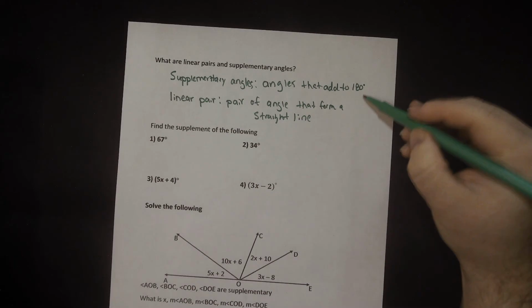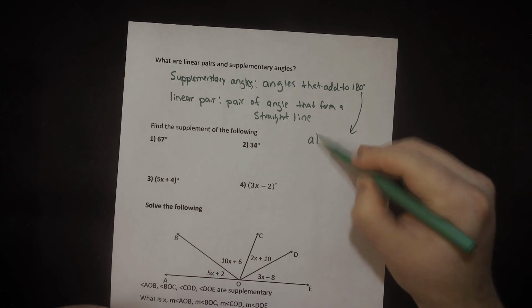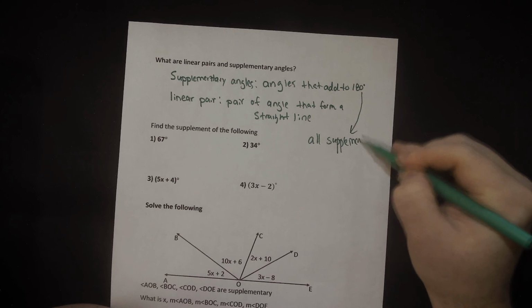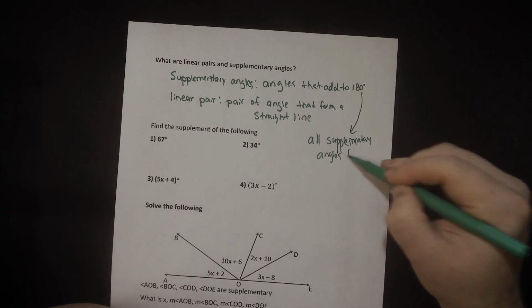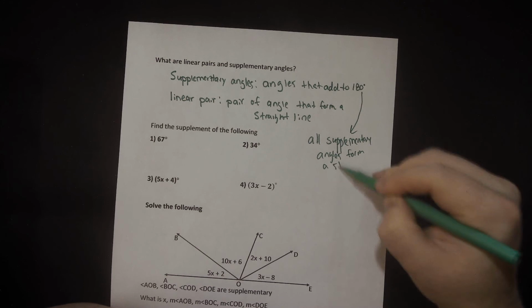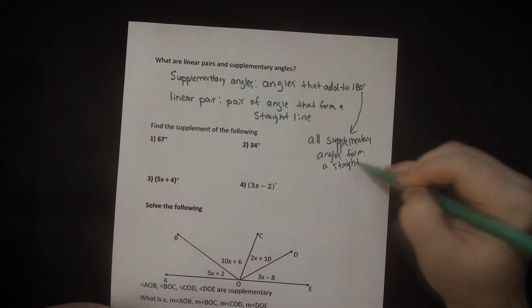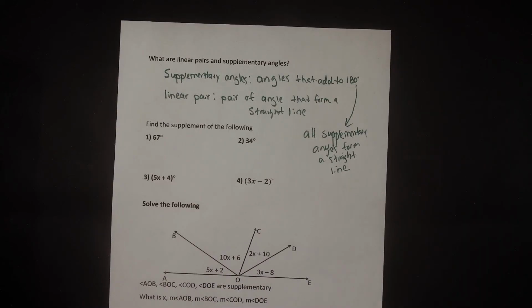So we can draw a conclusion that all supplementary angles form a straight line.